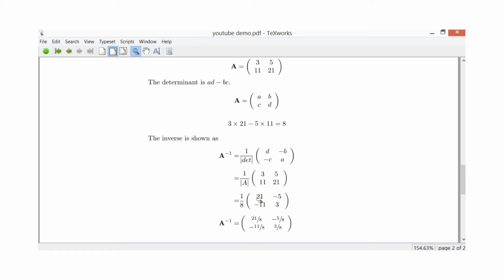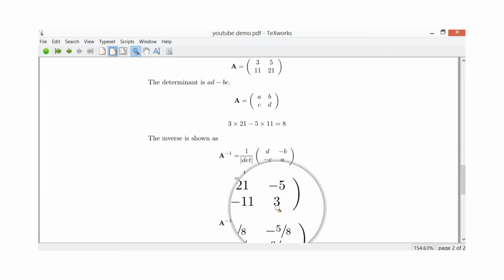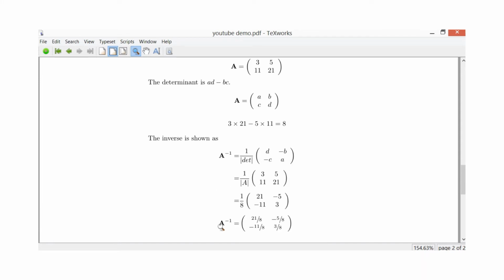So 21 times an eighth is 21 over 8. Minus 5 times an eighth is minus 5 over 8. Same with minus 11, and the same with plus 3. So the inverse of our matrix is 21 over 8, minus 5 over 8, minus 11 over 8, and 3 over 8.